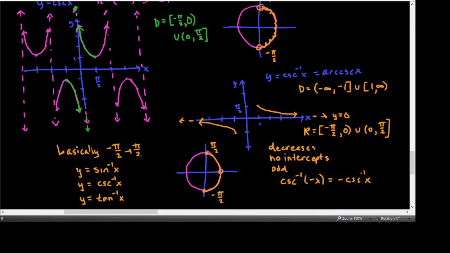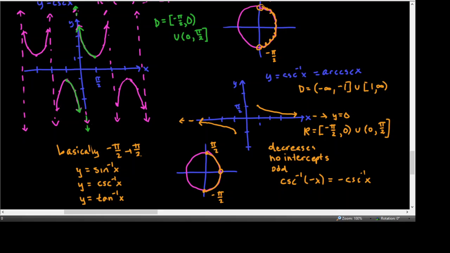So sine, its reciprocal cosecant, and the ratio of 2 functions that's dominated by sine, tangent, all 3 of those share this basic same restriction on the range of the inverses, basically negative pi over 2 to pi over 2 with a point or 2 points left out, as you've seen already.